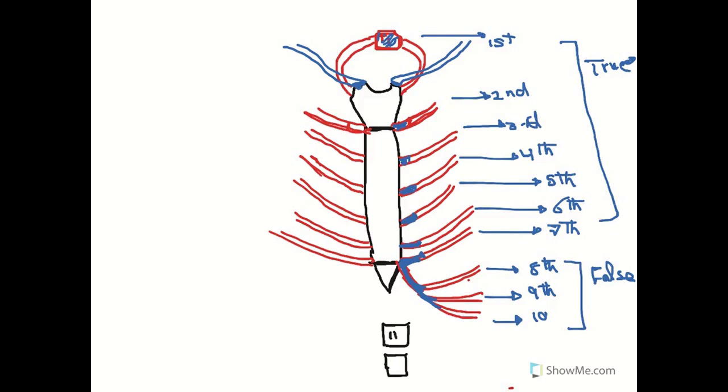So this is T12 and the one above is T11, and the ribs are just attached to the sides of these vertebrae, so we call them floating ribs. We call them floating because they are floating on your posterior wall, and they are nearly straight, and do not have a sternal end.